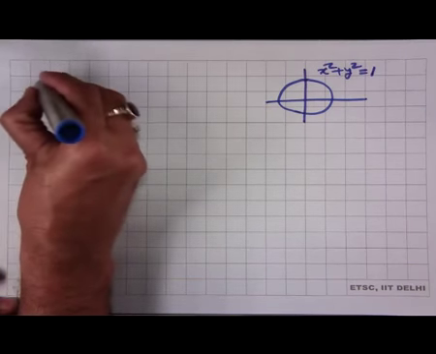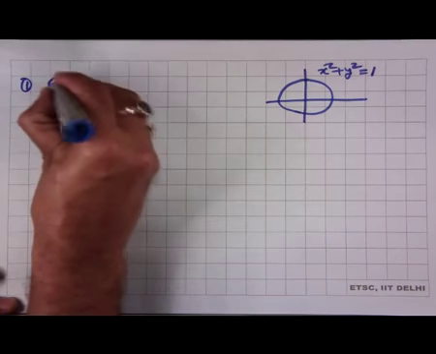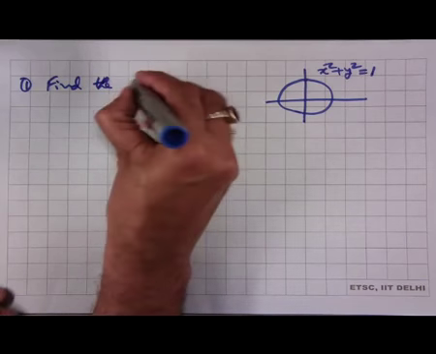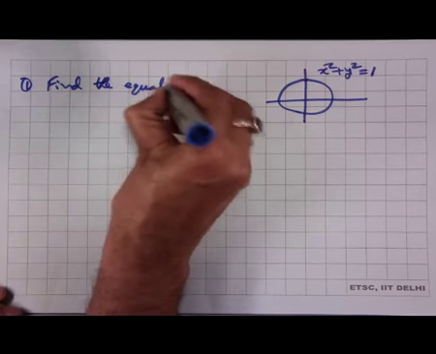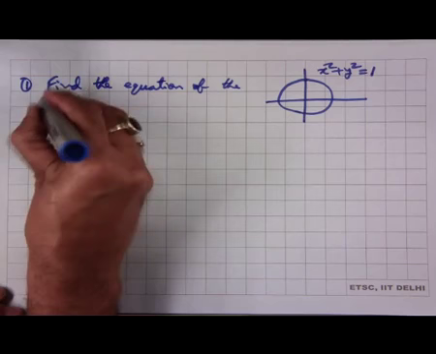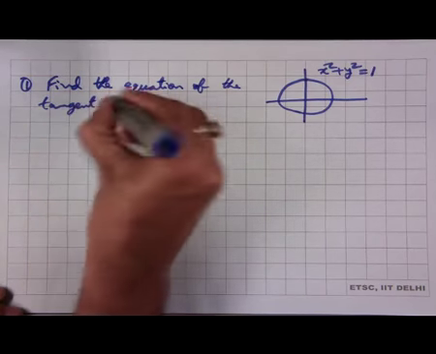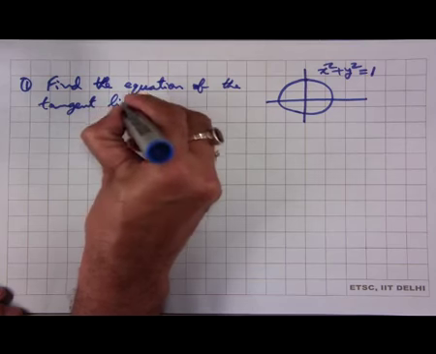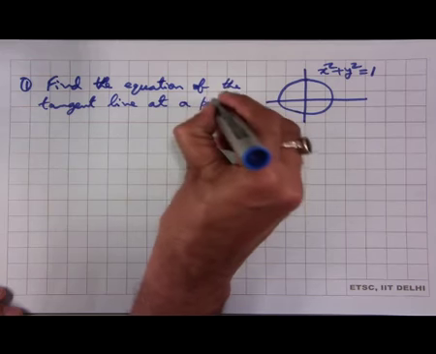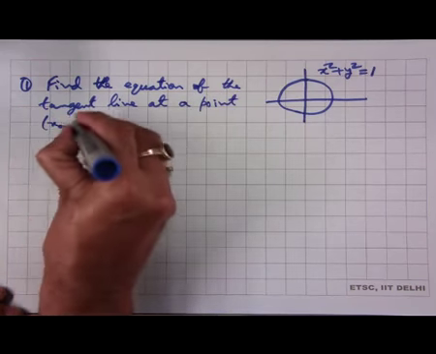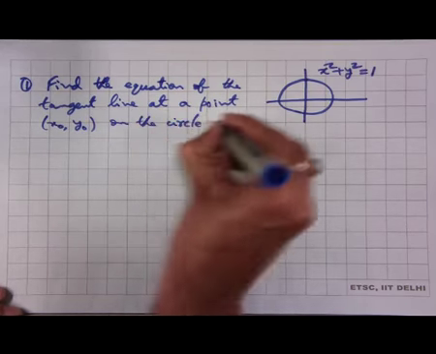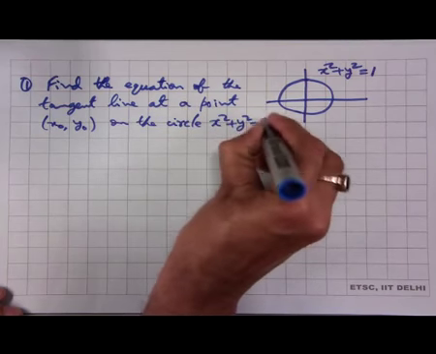The problem is to find the equation of the tangent line at a point x naught y naught on the circle x square plus y square equal to 1.